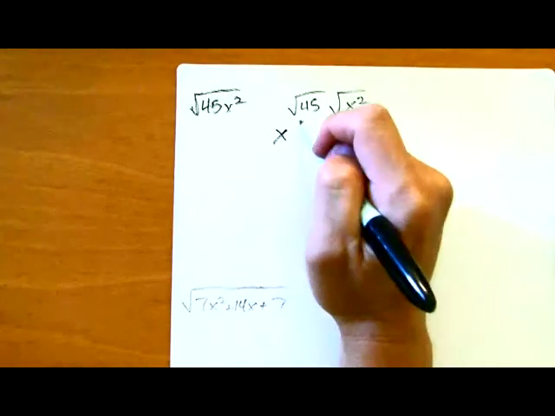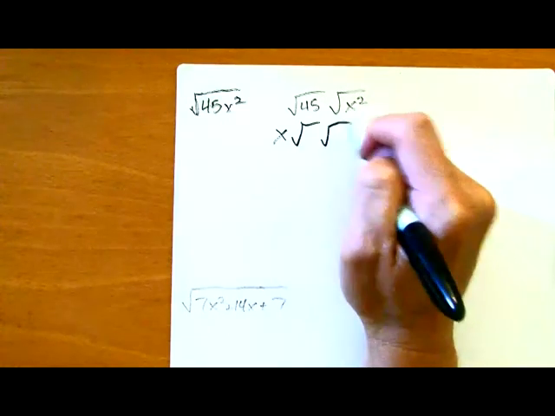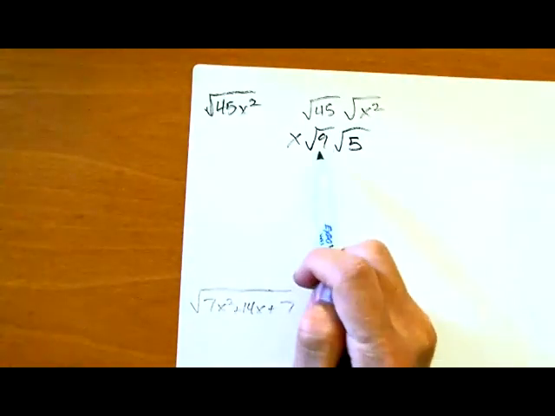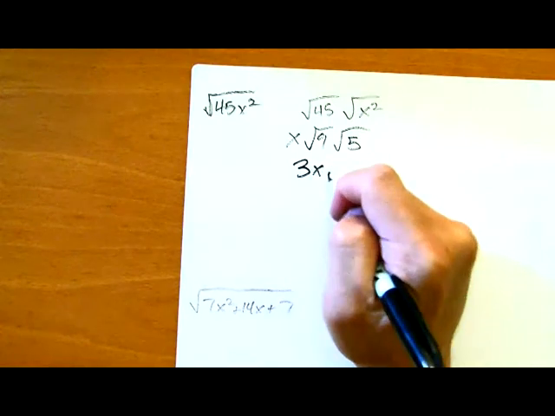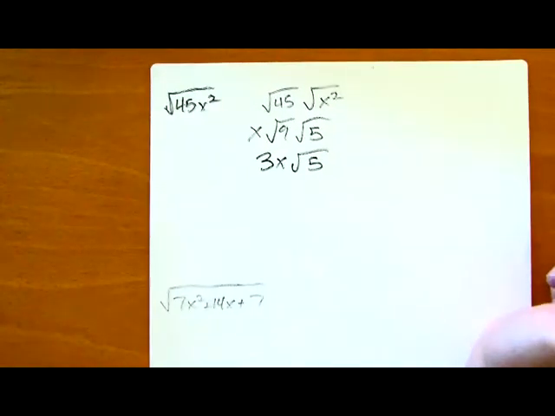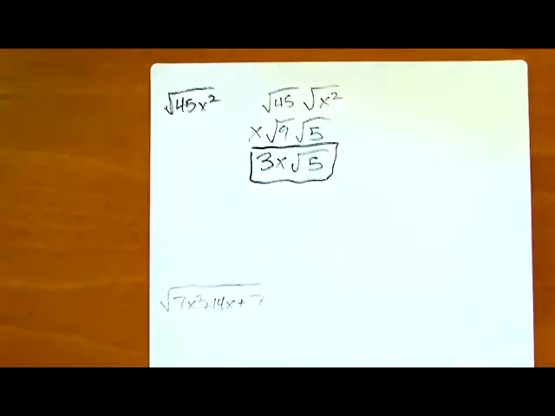Can we go further with the 45? 9 and 5. I can square root the 9. That would be 3. So 3x radical 5. Can we go further? No, nothing we can do with the 5. Okay, 3x radical 5. That's the simplest radical form.